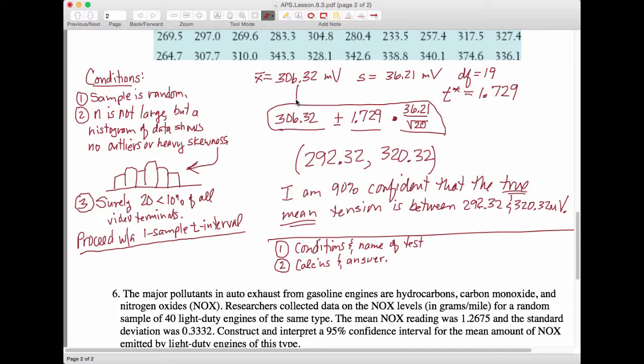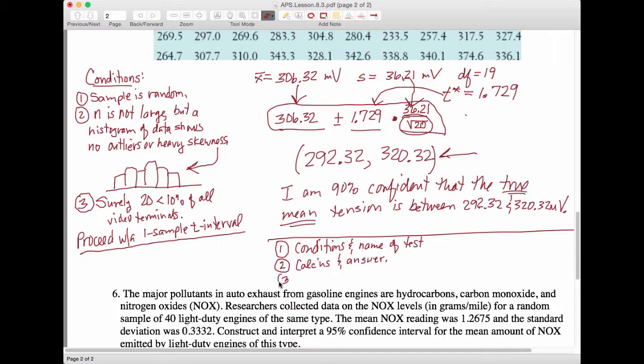We had to calculate a mean on our calculator. We had to look up a t critical value. And then we had to do a calculation with S divided by the square root of 20. Not to forget that. It's not just divided by, or it's not just 36.21, but you have to divide by the square root of 20. So there were some calculations inherent in the formula, but there's your work. And then, of course, the answer would be the two numbers there.